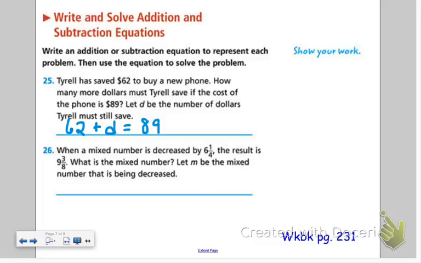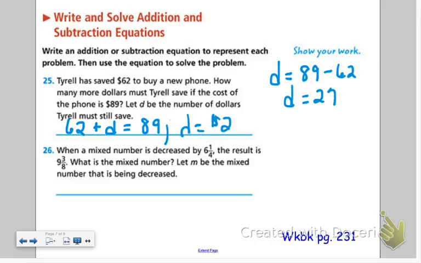So I'm going to do my work over here. I have to do D equals 89 minus 62. That's my related equation. And D is equal to 27. So that means he must still save $27.